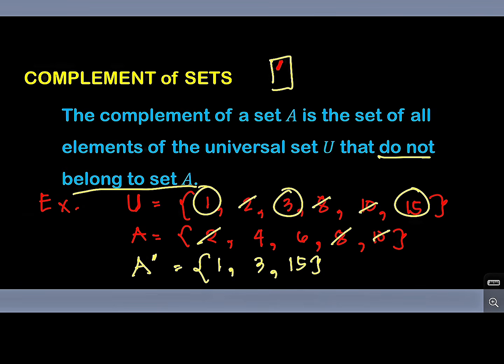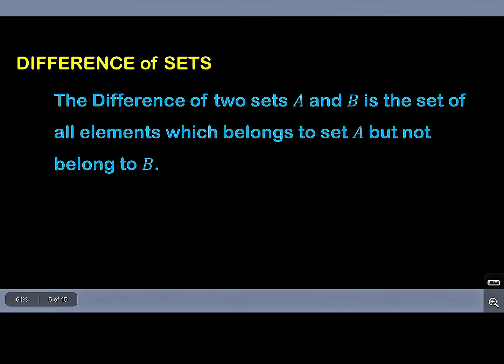Okay, that's it. Now let's have difference of sets. For the difference of sets, the notation is a basic symbol, which is minus.